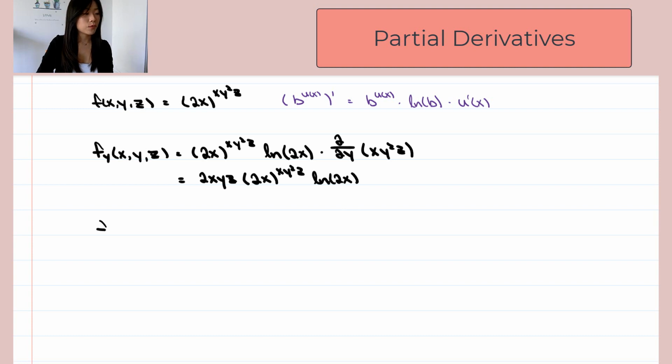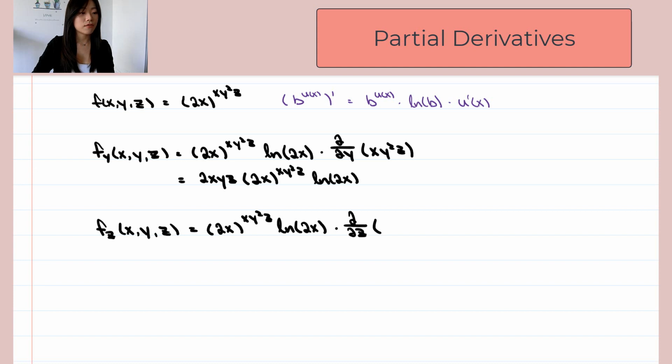Similarly, for the partial derivative with respect to z, the first two terms remain the same, since z only appears in the exponent. So we have the base 2x, which is a constant, to the power of the inner function, x times y squared times z, then times ln of the base 2x, then multiply this by the partial derivative with respect to z of x times y squared times z. And for the partial derivative of the third term, if we treat x times y squared as a constant, then the derivative of z is just 1.